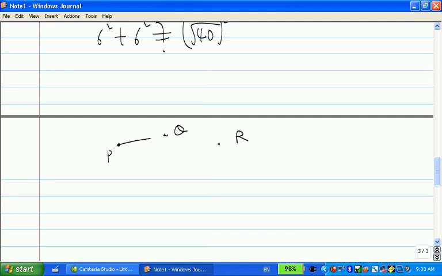You need to find the distance between P and Q, the distance between Q and R, then the distance of P and R. If PQ plus QR equals the other one, P and R, that means those 3 points are on the same line, otherwise it's not.